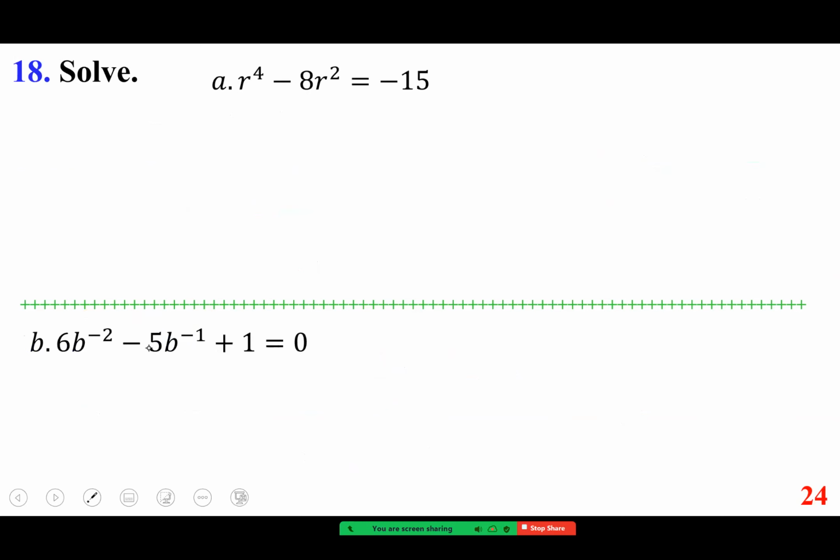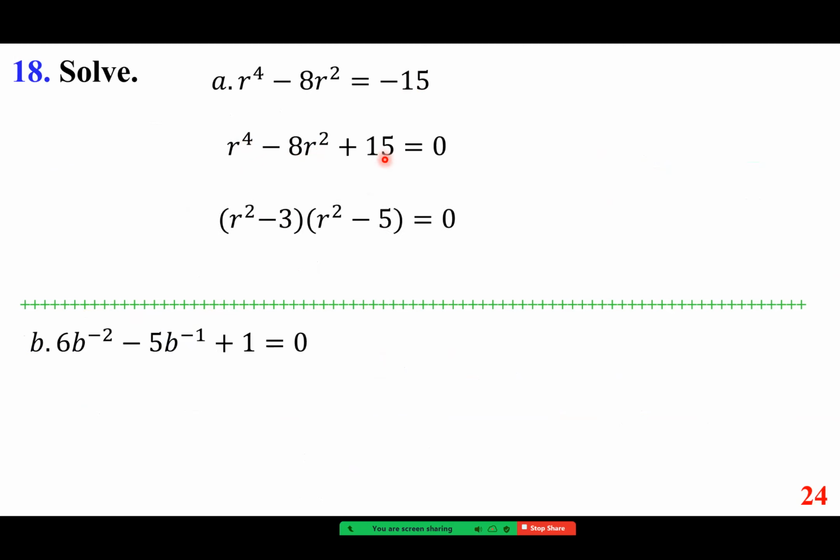All right, in this case, we move the -15, and you can do by substitution, or you may notice that since this is of degree 4, this is of degree 2 and 0, you can just do it in one shot. You want two numbers, the product is 15, the sum is -8.